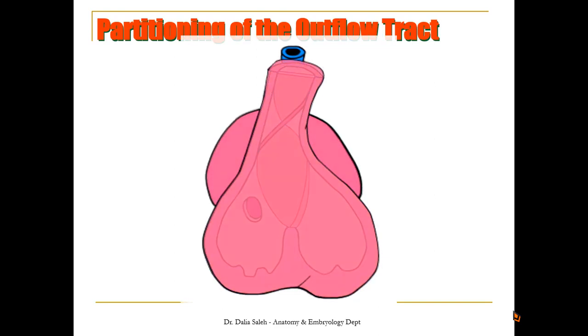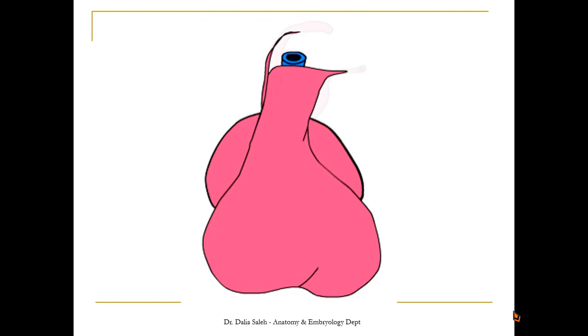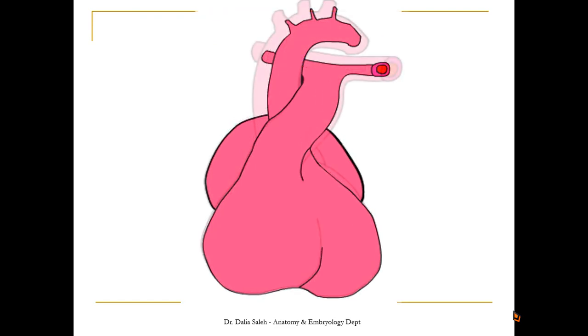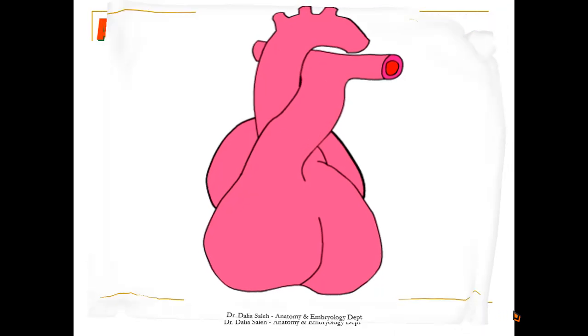So we end up with two big vessels from the Truncus Arteriosus, the pulmonary trunk and the aorta. And you can see how they twist around each other because of the spiral aorticopulmonary septum.